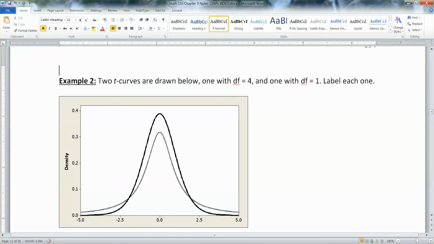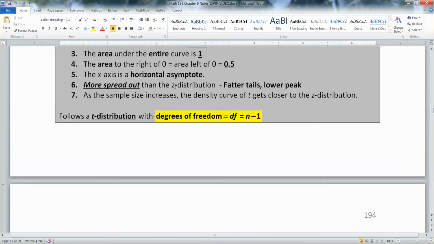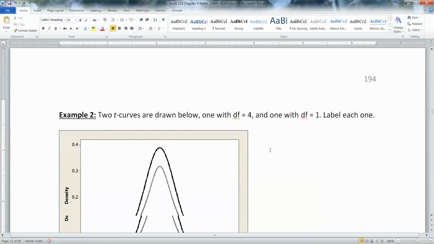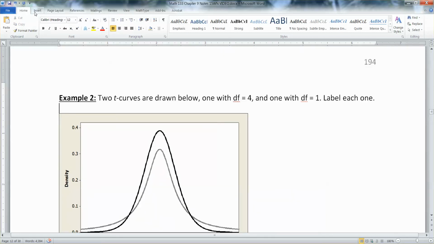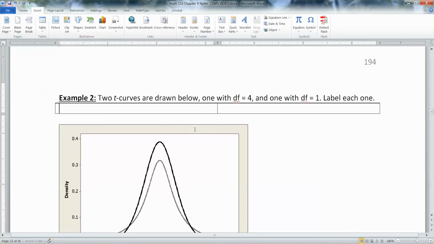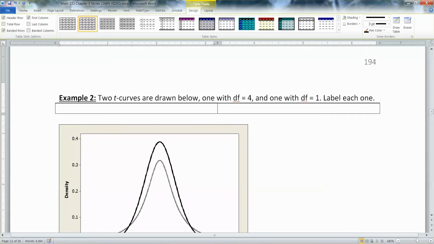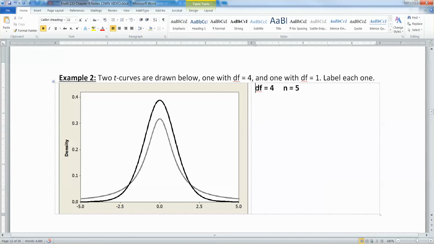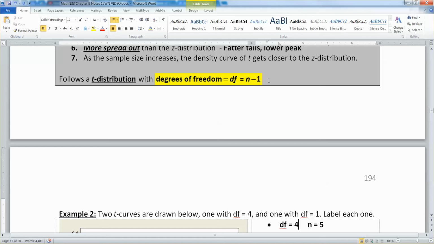All right, so I've drawn 2 t curves here. One has a degrees of freedom of 4, and one has a degrees of freedom of 1. Label each one. Remember that as your sample size n gets larger, your density curve gets closer and closer to a z distribution. If your degrees of freedom is 4, that means n is 5, because degrees of freedom is n take away 1, and 5 take away 1 makes 4.